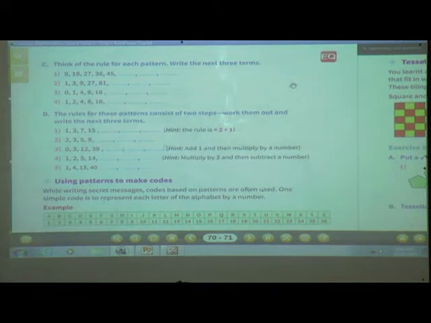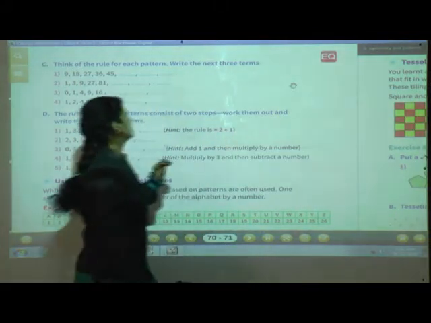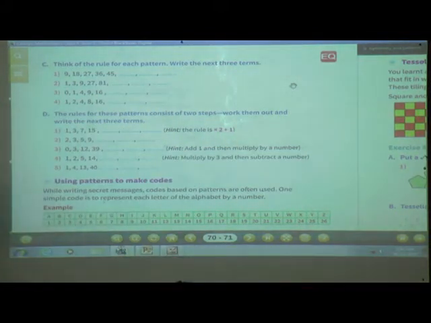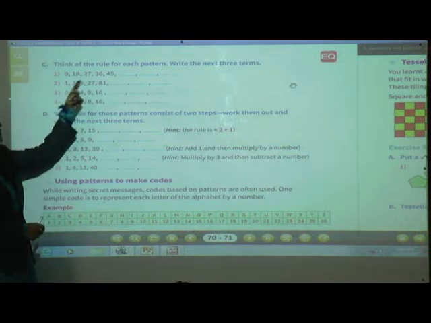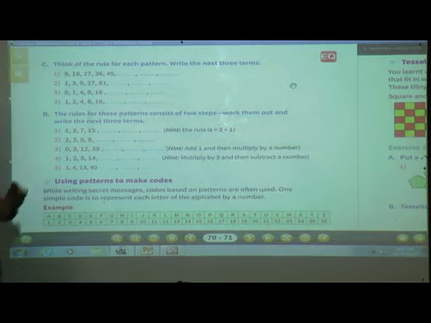Here think of the rule for each pattern. Write the next 3 terms. Now students, observe the numbers. See, what do you think? Which type of pattern is there?